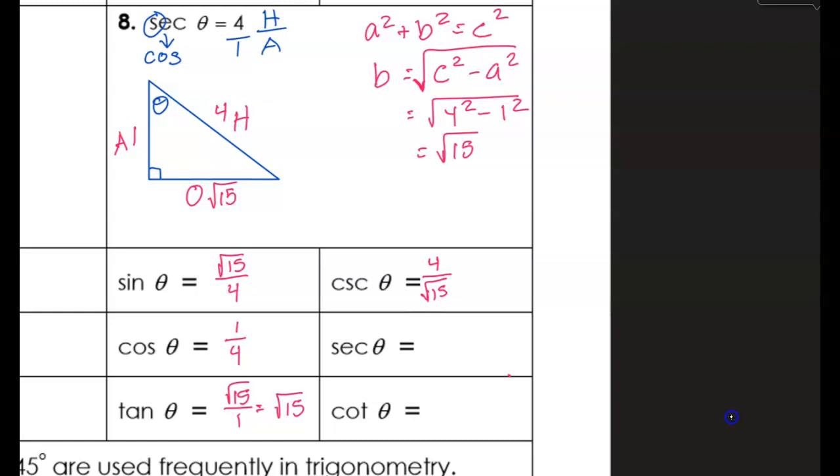I need to do what I was explaining above, that I need to rationalize the denominator, meaning I multiply by the square root of 15 over the square root of 15, and it gives me 4 square root of 15 over 15. Secant, the reciprocal of 1 over 4 is 4 over 1, which simplifies to 4. Cotangent is 1 over the square root of 15. So again, this is another one I have to rationalize, making it the square root of 15 over 15.